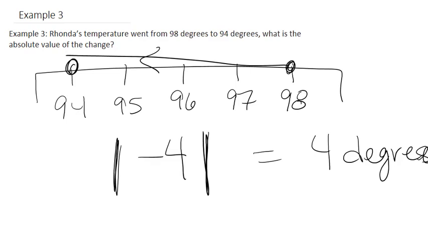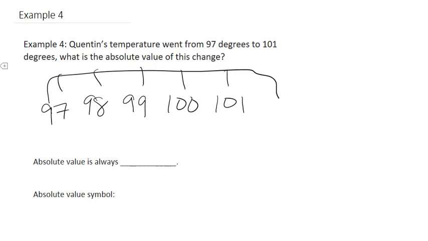Now, let's take another look at the example with Quentin. Quentin's temperature went from 97 degrees to 101. What is the absolute value of this change? So, as we moved up in temperature due to the fever, we could put 2 straight lines around the 4.